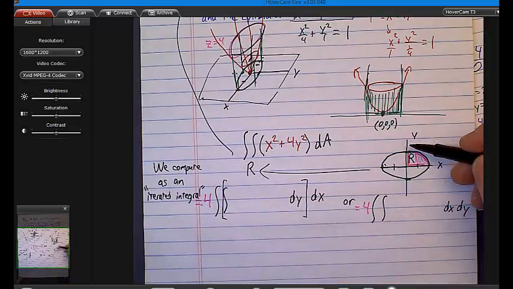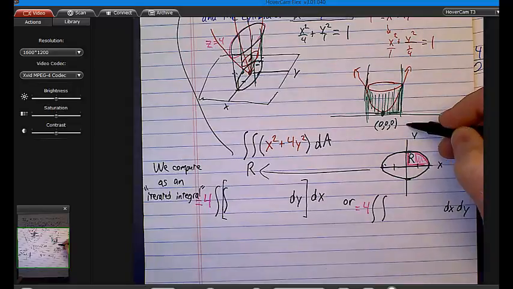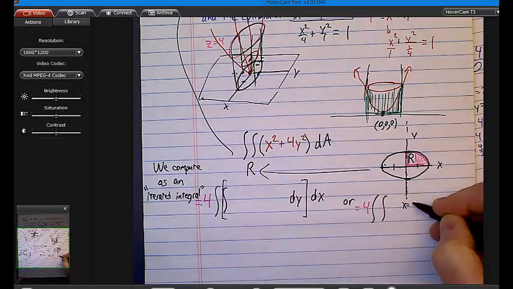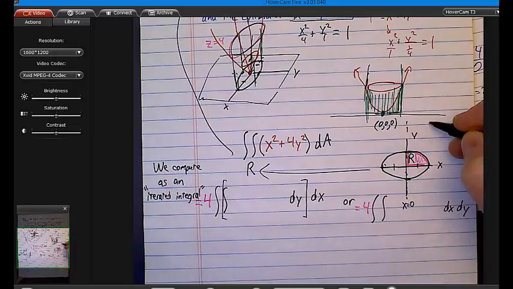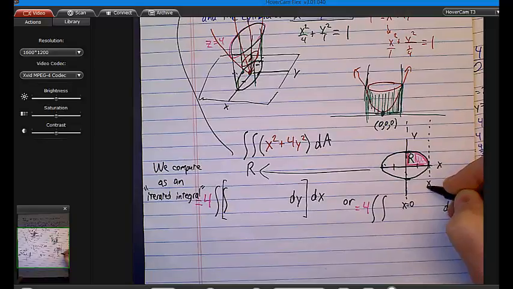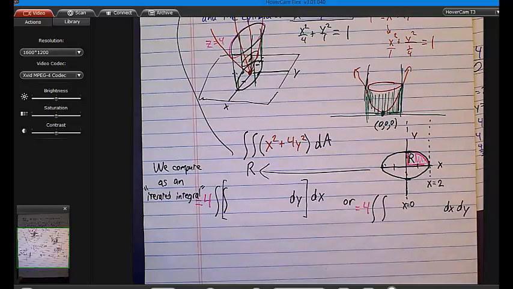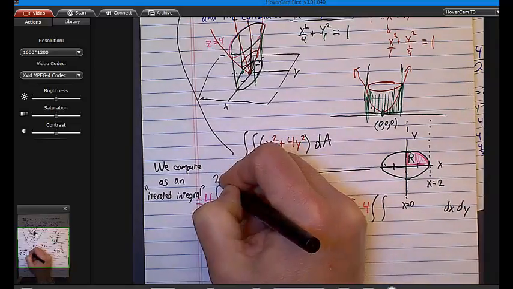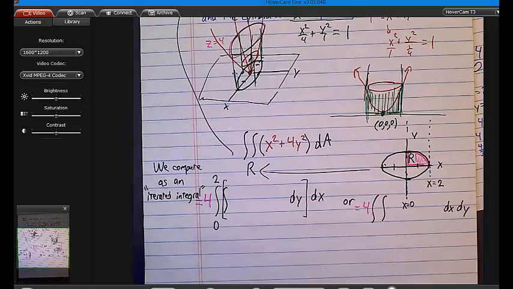Because, well, what am I going to integrate? From this x value, x equals 0, to this x value, which is x equals what? 2. So I can tell you right now that when I compute the integral, it's going to go from 0 to 2. That's the dx part.